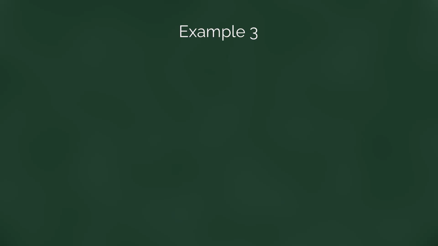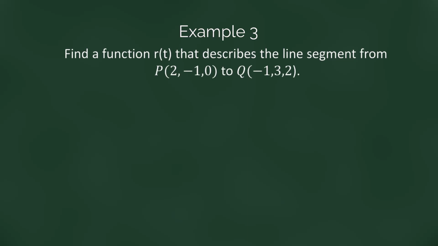All right, so let's see if now we can find a linear vector valued function that describes a line segment. So we know for any line, we need a vector to start it off with and a direction vector. So our initial vector here is going to be the same as our initial point, p. So it's going to be the vector 2, negative 1, 0.